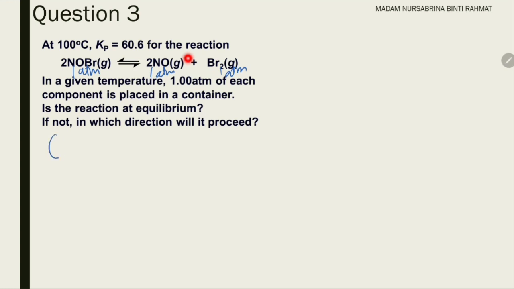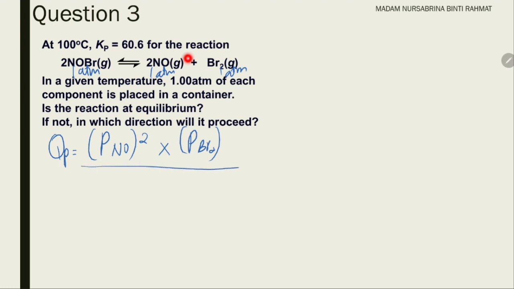So that means we're going to calculate your QP: partial pressure of NO squared times partial pressure of Br2, over partial pressure of NOBr squared. Then we substitute the partial pressure value given, which is 1 atm.